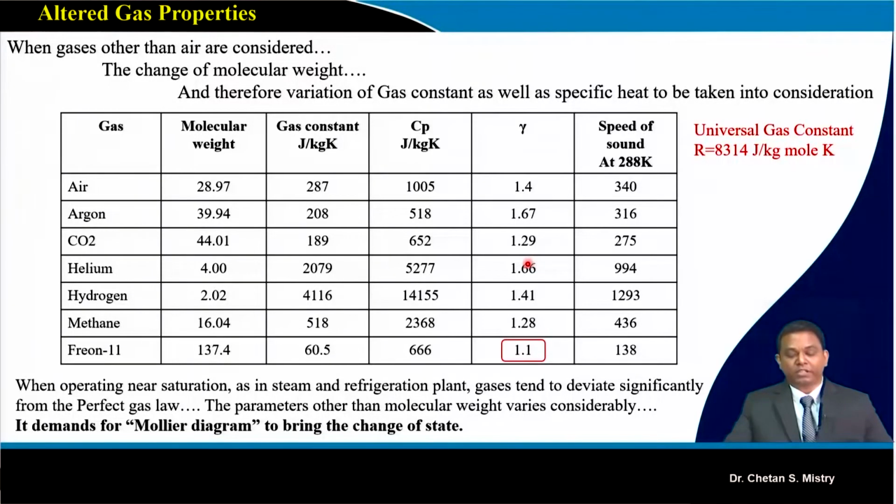Now in this case, if you compare the specific heat ratio for Freon, it's around 1.1, and for argon it is 1.67. In the same way, if I compare the speed of sound, it's around 138 for Freon, and if I look at hydrogen, it will have a very large speed of sound.